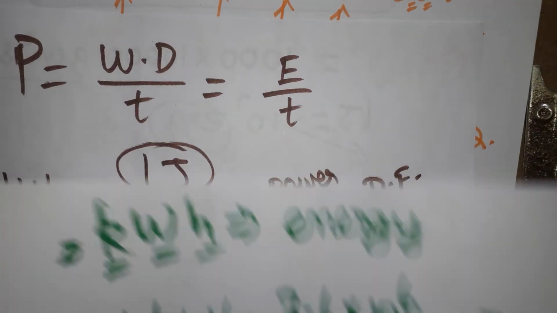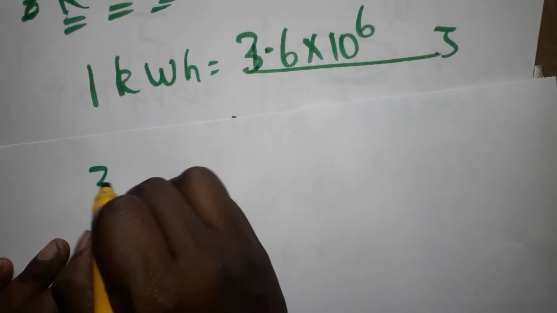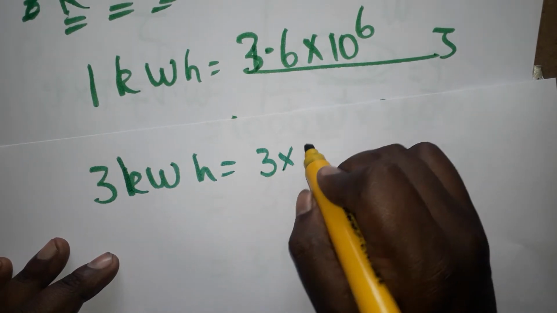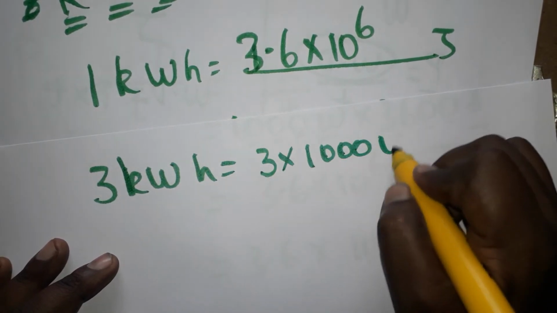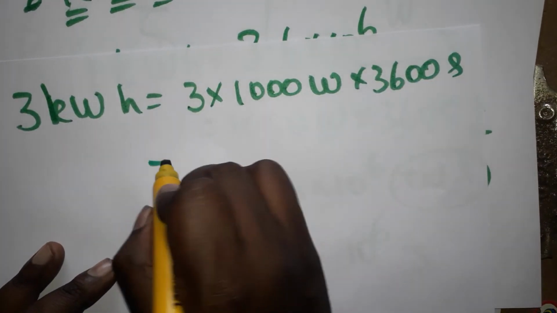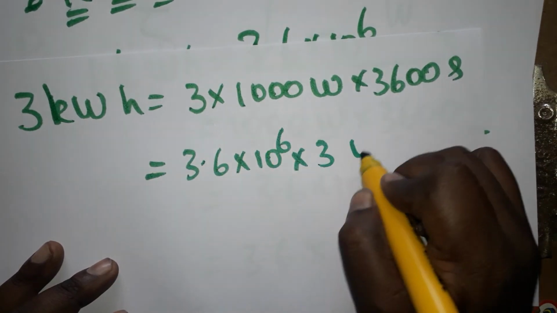For example, 3 kWh. Suppose this month your electric bill shows 3 kWh. So it is 3 times 1000 watt into 3600 seconds. This multiplication gives 3.6 into 10 power 6 into 3 times watt second.